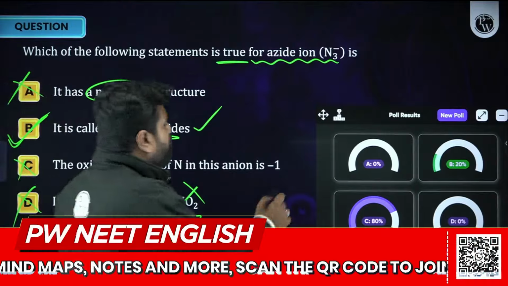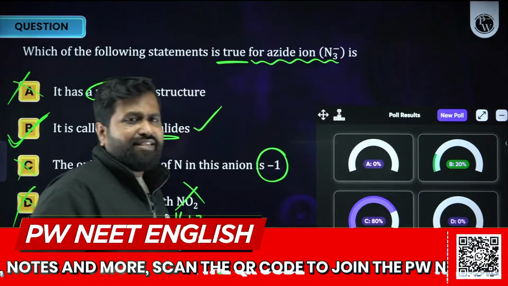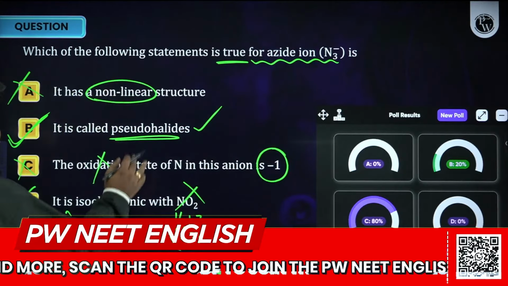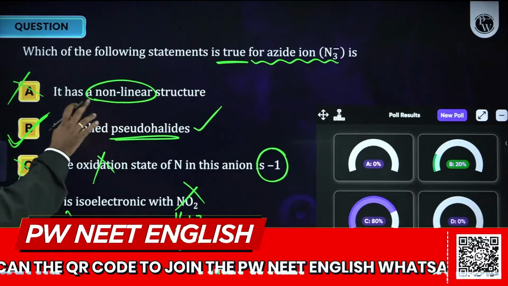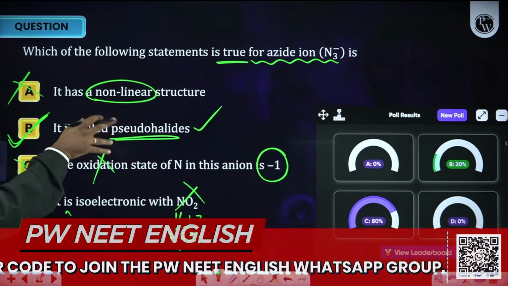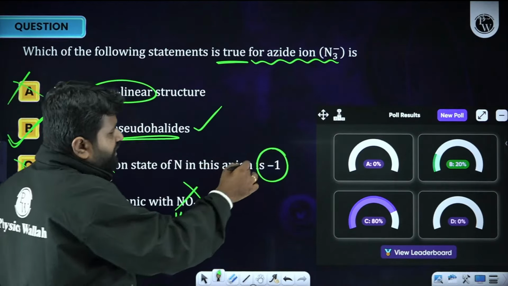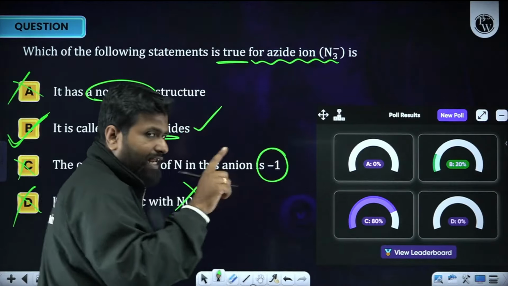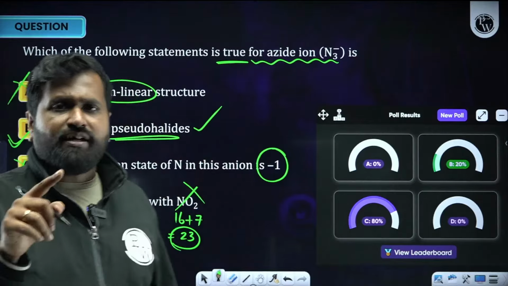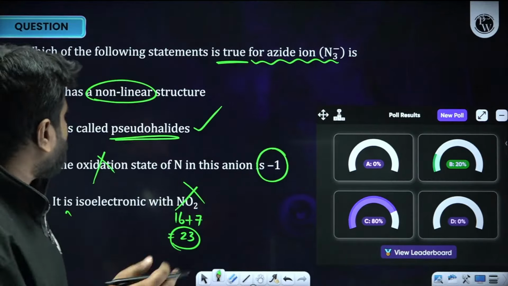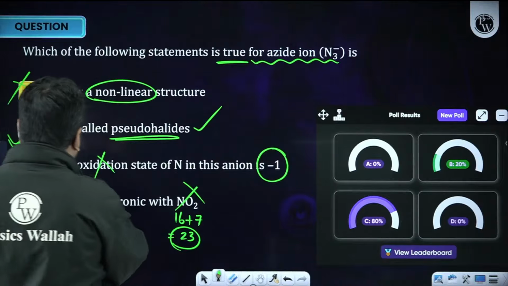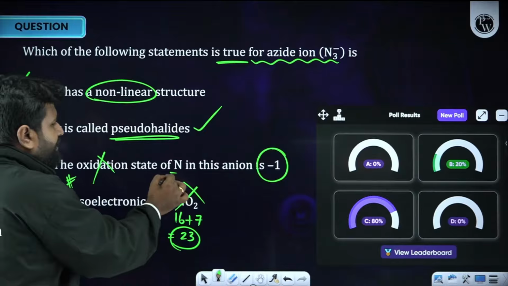If you look at the structure also, we will be having the terminal nitrogens. The terminal nitrogen will have the oxidation state -1, and the central will have the oxidation state +1. So which one are they talking about? Did they tell terminal nitrogen or central nitrogen?